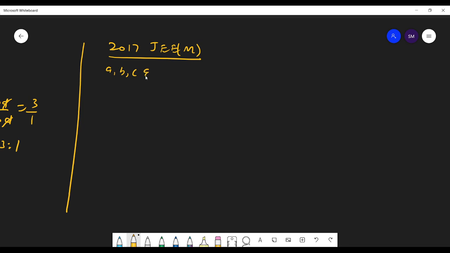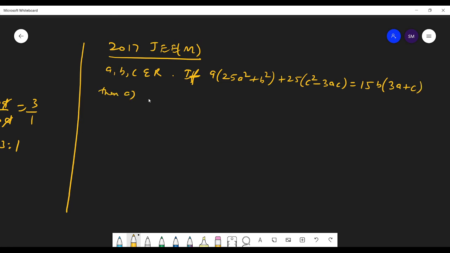A, B, C belong to R. If 9 into (25A square plus B square) into C square minus 3AC is equal to 15B into (3A plus C), then: A part, BCA in GP, BCA in AP, ABC in GP.